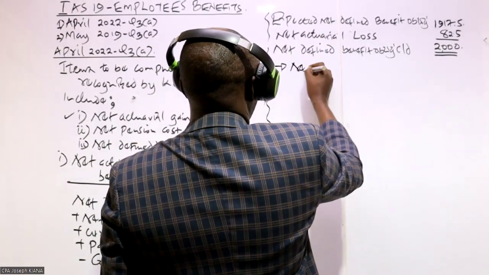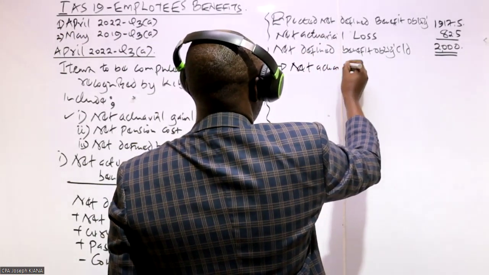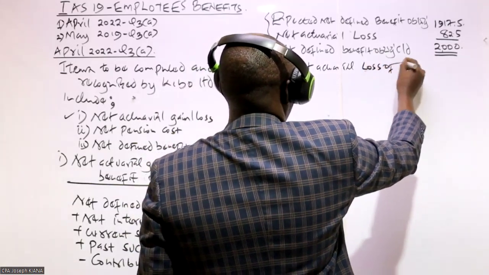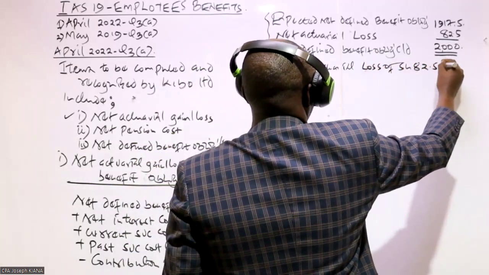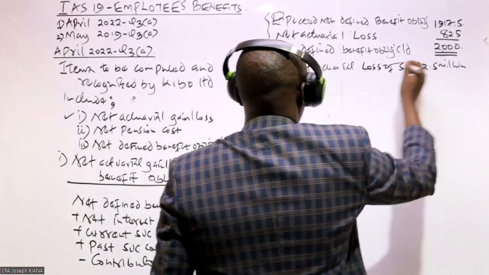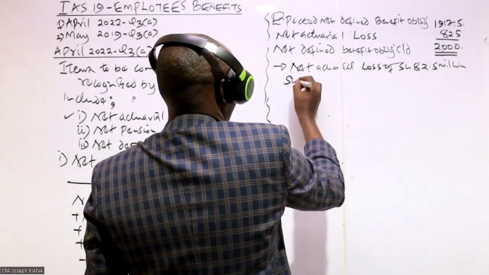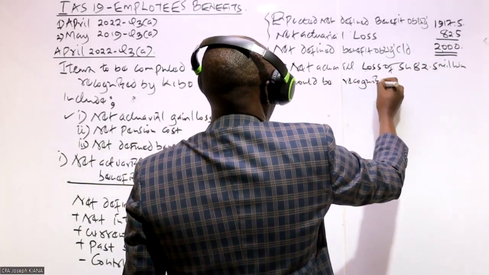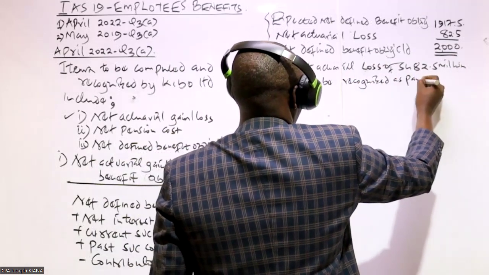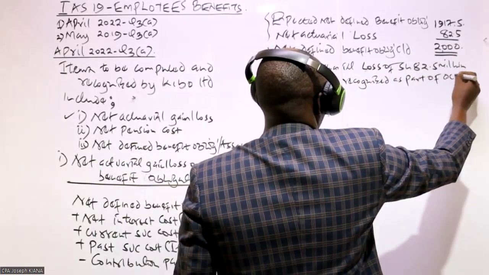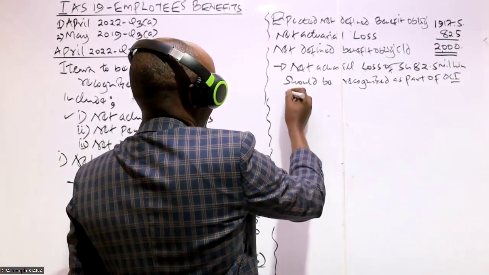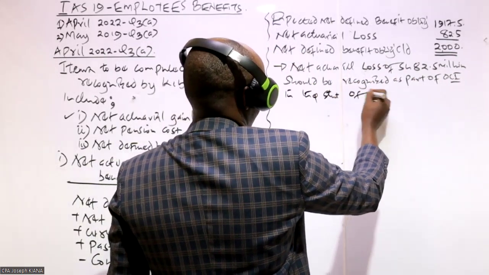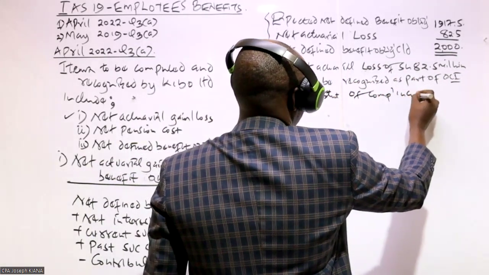So you can say the net actuarial loss of shillings 82.5 million should be recognized as part of other comprehensive income in the statement of comprehensive income.